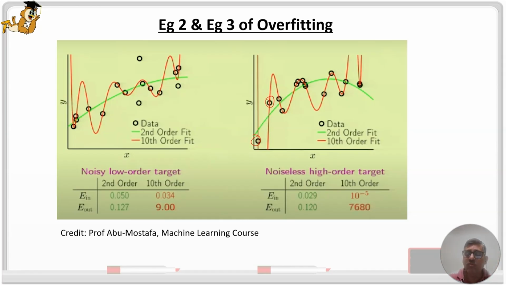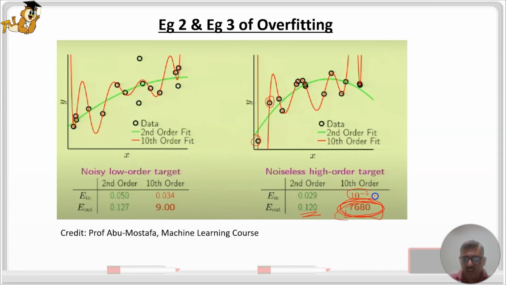But that is not what you see in terms of E out. In terms of E out, the 10th order polynomial, when you try to fit it into this data, ends up being a disaster. Okay, this is a disaster. Your E out for a second order polynomial was pretty decent, 0.12. Your E out for the 10th order polynomial is very, very high, and the reason is right here.